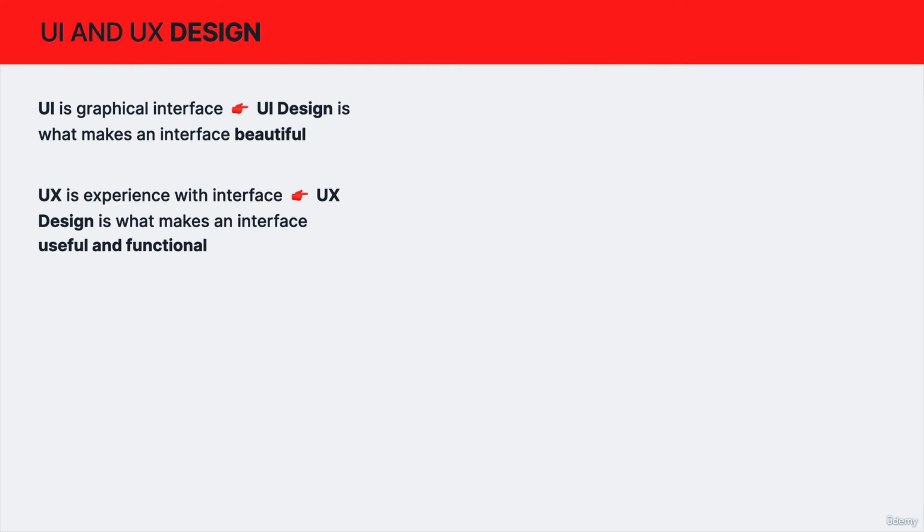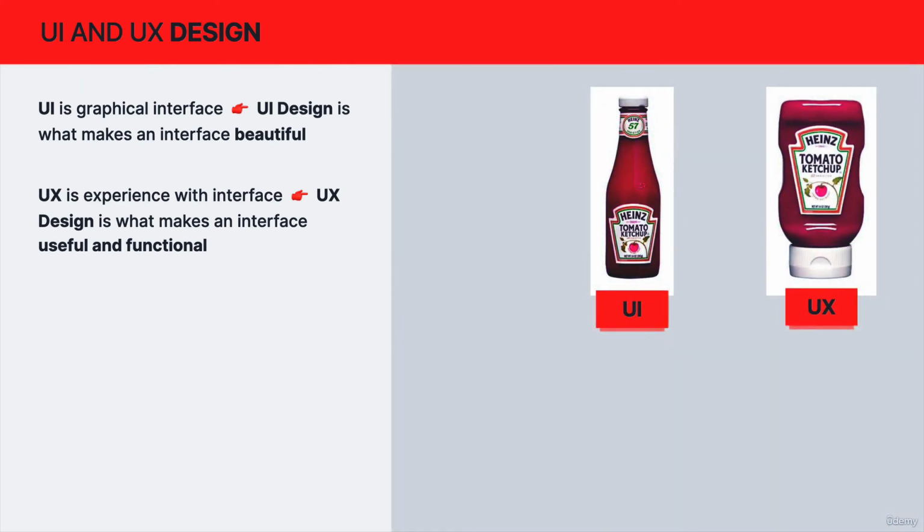Now there is this strange analogy of UI versus UX, where the UI is supposed to be this glass ketchup bottle, which is aesthetically pleasing, but doesn't really work in many situations. On the other hand, UX is supposed to be represented by the newer plastic bottle that is easy to squeeze. So the one that is easier to use.